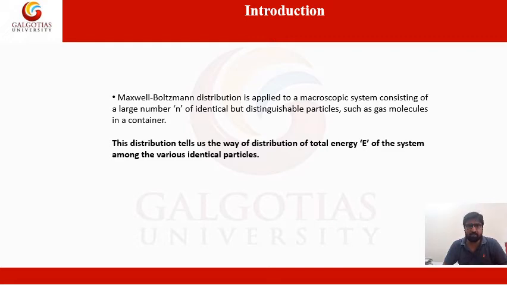This distribution tells us the way of distribution of the total energy of the system among the various identical particles. And the constraints here will be the total energy, that is capital E, and the other one will be the total number of particles, that is N. Within these constraints, the different possible distributions will be found out.